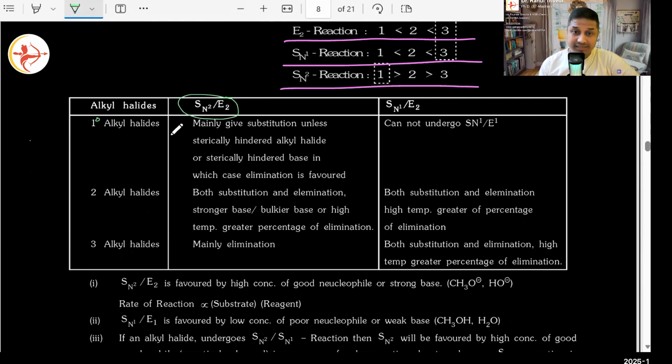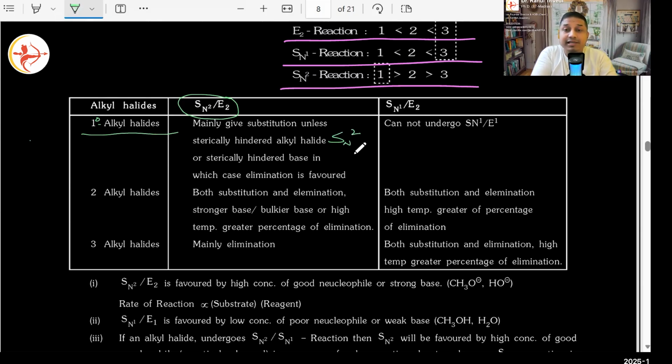But if the base is sterically hindered, very big in size, or even if it is a 1 degree alkyl halide but some heavy group is present there, chances of E2 are there, otherwise SN2 is highly likely.